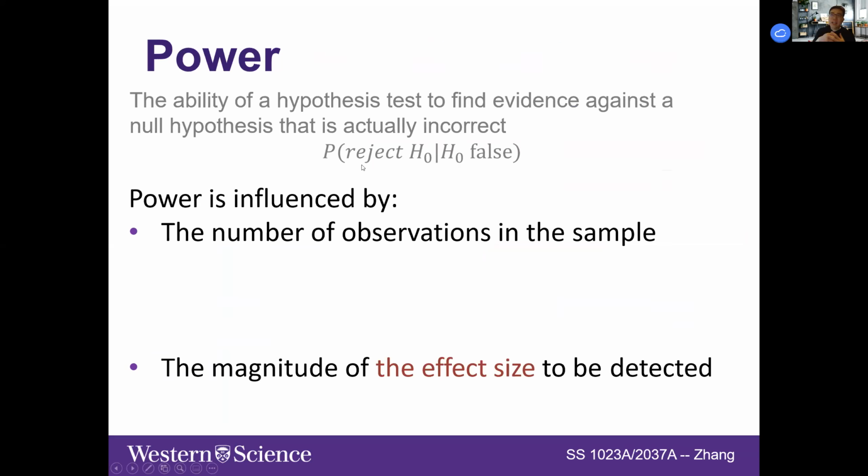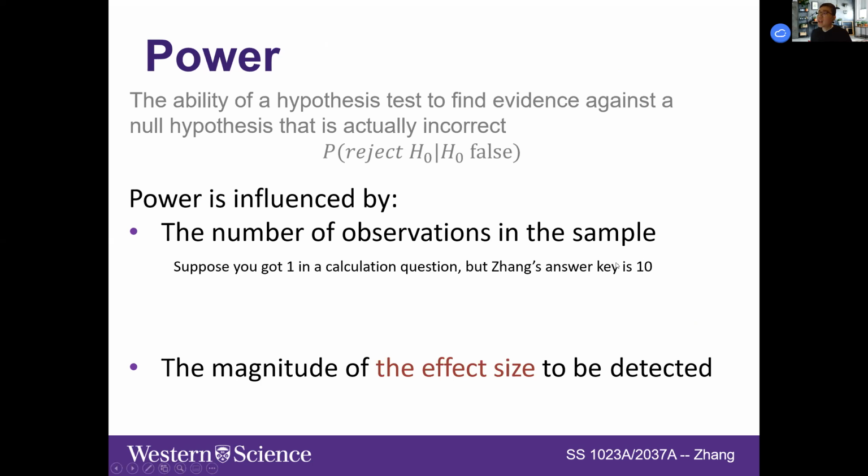So the power can be influenced by a lot of things. The first is the number of observations, which is the sample size. This is actually very straightforward. For example, suppose in a test there is a calculation question and you get 1, but my answer key is actually 10. You're wondering whether you are wrong or my answer key is wrong.